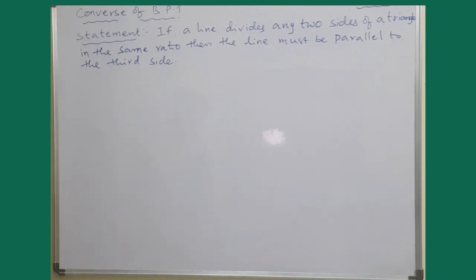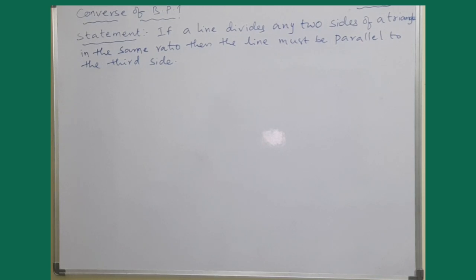See children, just look at the statement of converse of basic proportionality theorem and try to compare BPT and converse of BPT. Earlier, if the line is parallel to the third side, then it divides the other two sides in the same ratio.